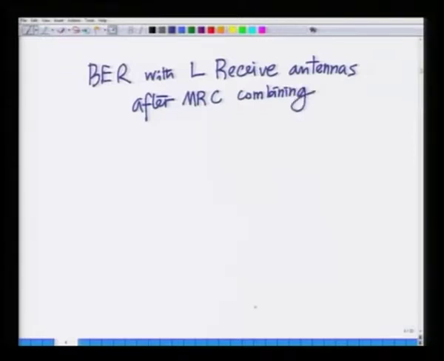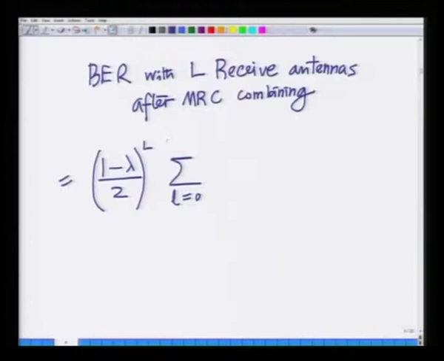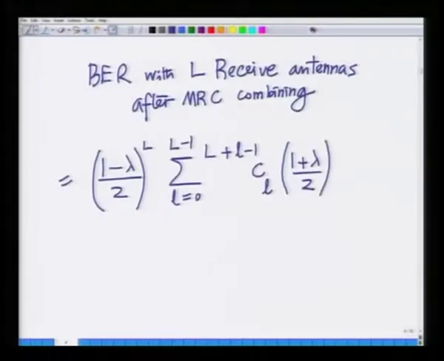the bit error rate with L receive antennas after maximal ratio combining, we derived the optimal maximal ratio combiner in the last lecture, is given as the expression ((1 minus lambda)/2)^L times the summation over l equals 0 to L minus 1 of (L plus l minus 1 choose l) times ((1 plus lambda)/2)^l.